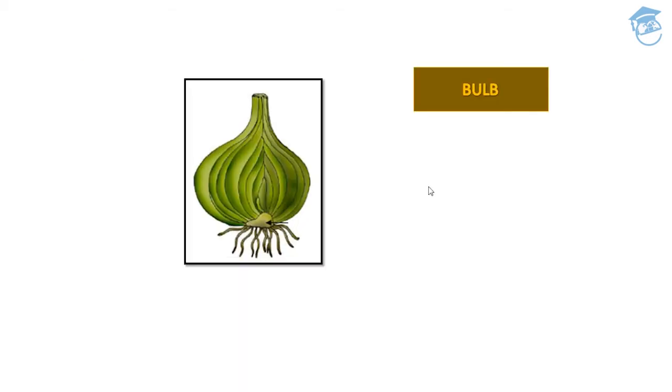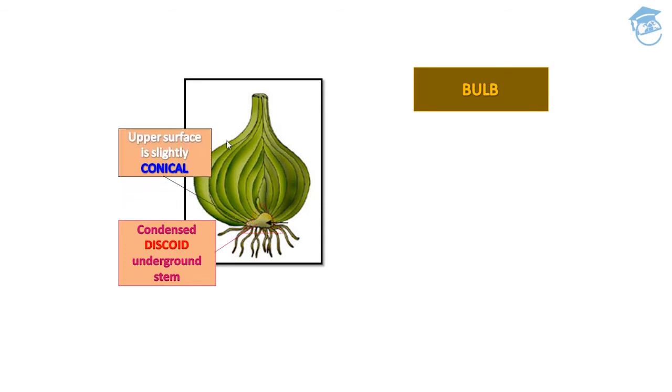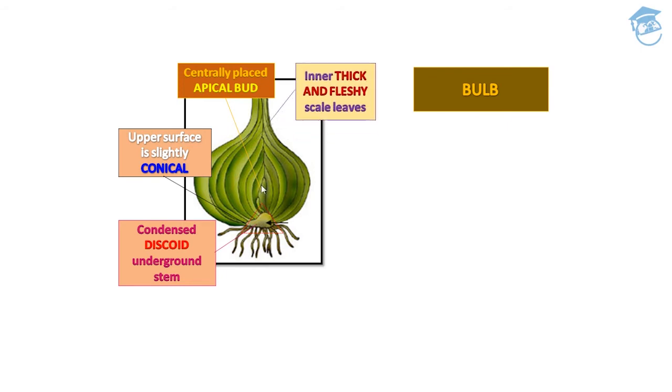Now another modification is bulb. This is a condensed discoid underground stem, and the upper surface is slightly conical in shape. It has a centrally placed apical bud, and these are the inner thick and fleshy scaly leaves which we consume, that store food.